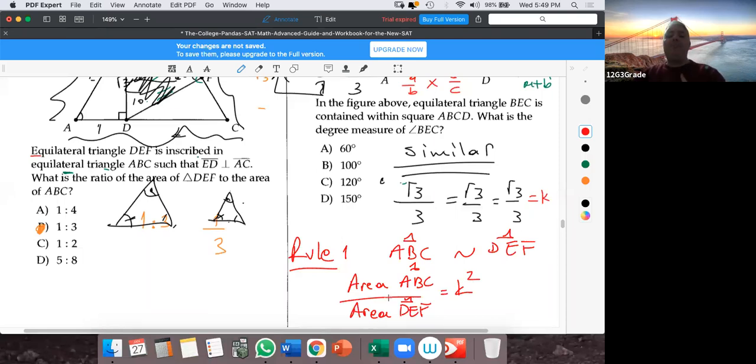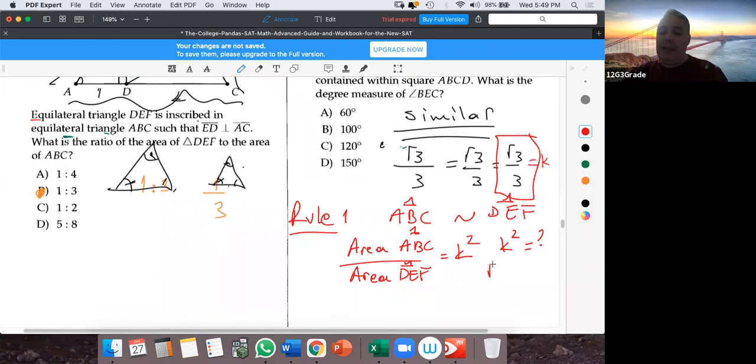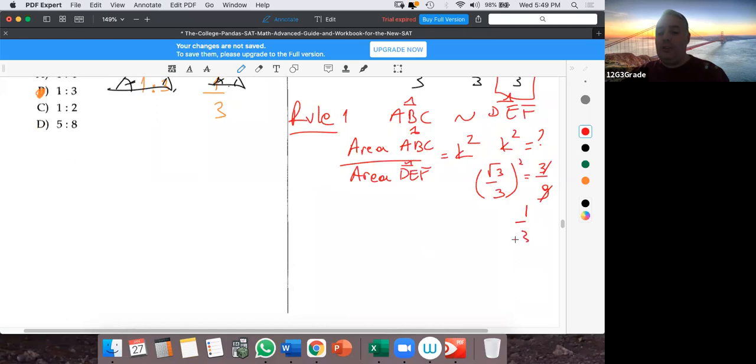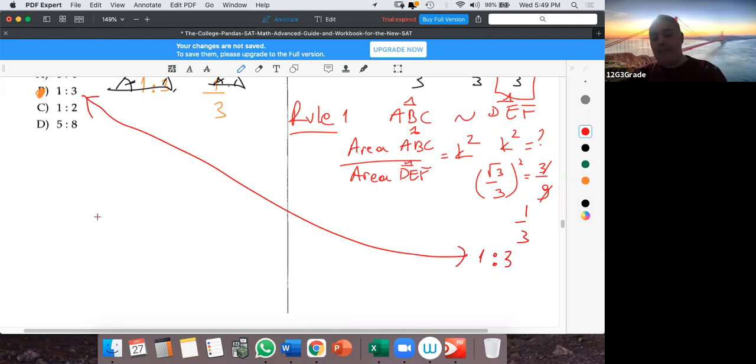So in my question, if K is root 3 over 3, what will be K squared? It will be root 3 over 3 to the power of 2, which is 3 over 9, which is 1/3, which is this here. Okay?